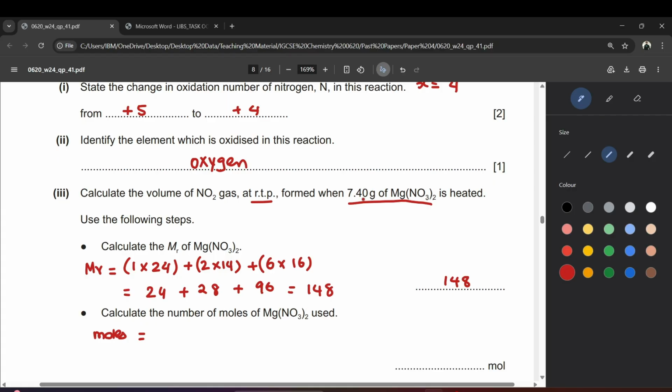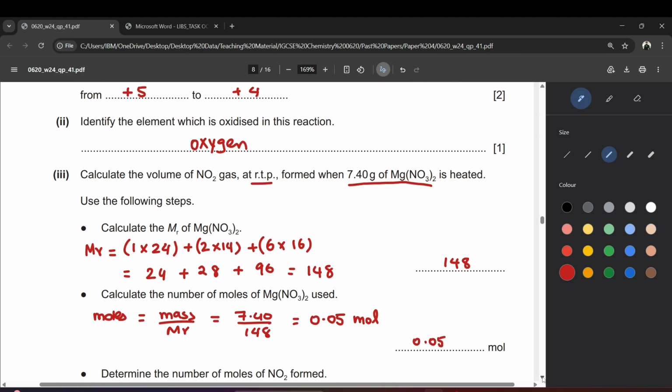We know the mass, we have just found out the MR. So therefore the formula that we are going to use is mass upon MR. So that will be 7.4 divided by 148. Let me work this out. So we have 0.05 moles.